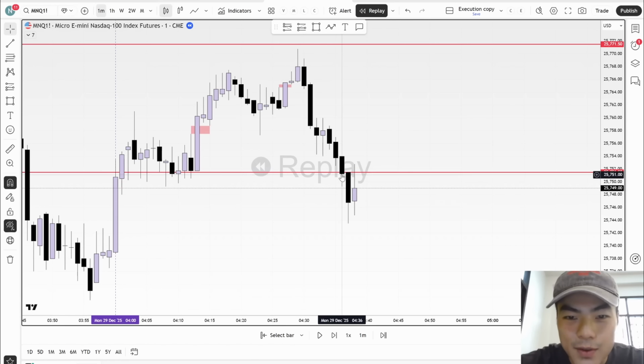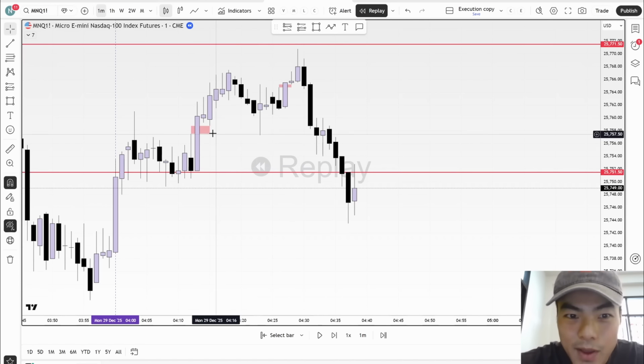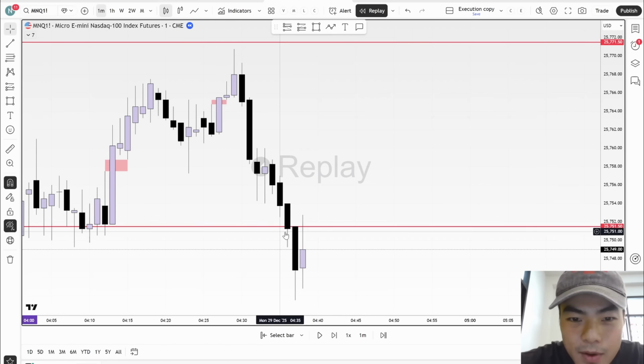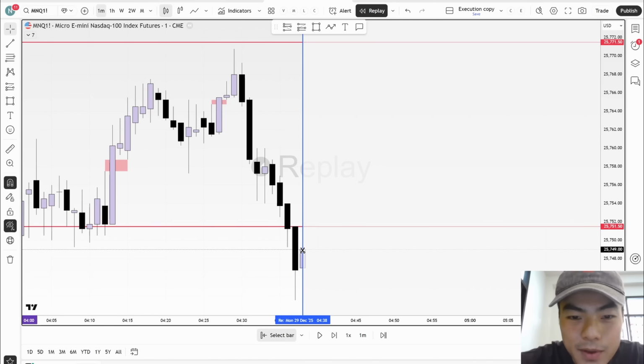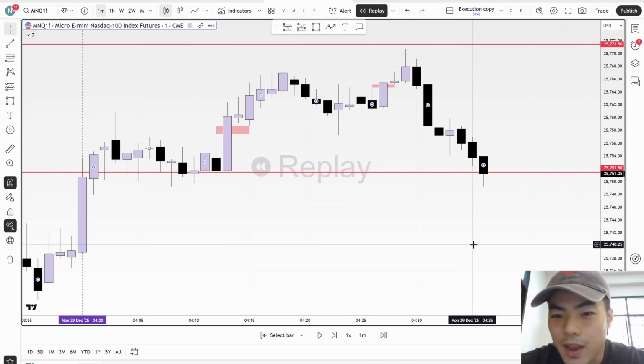Okay, so here's where I entered, right? So this candle here, the 4:36 candle, is our confirmation that the model is in play because we closed below the POI and we have inverse fair value gaps present. Let me go back here actually. Okay, so bang, candle closes.